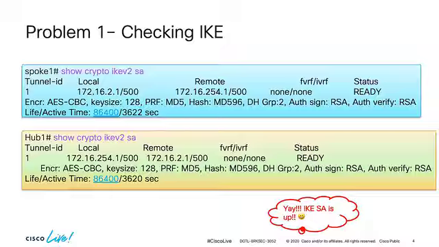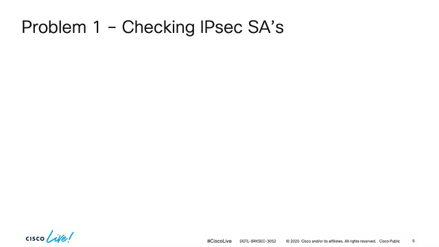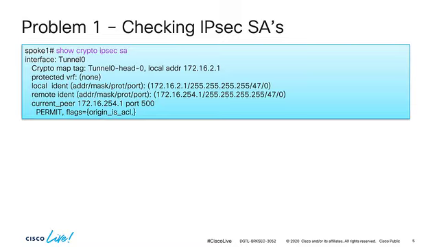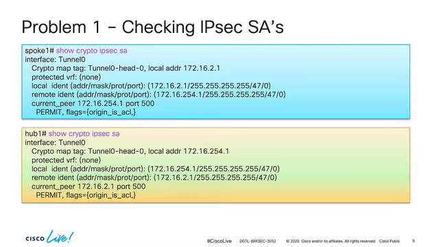We can move on. The next component of encryption that we need to look at is the IPsec SAs. In this case, we would use the command show crypto ipsec sa. We need to make sure that both the inbound and the outbound ESP SAs are up on the spoke and the hub.